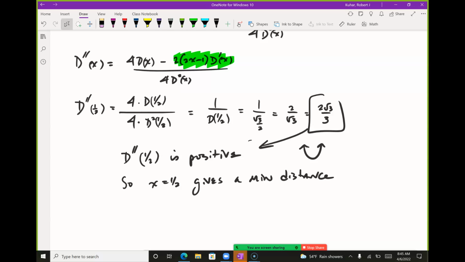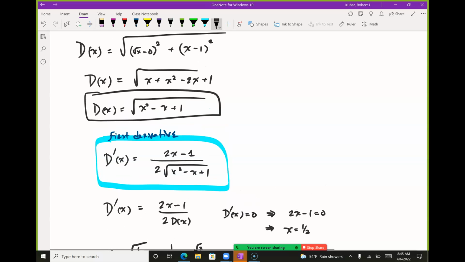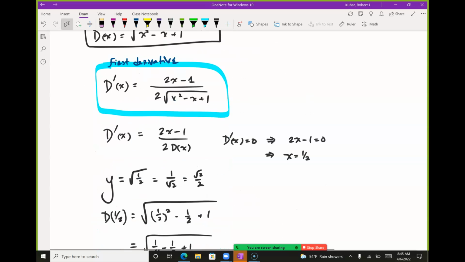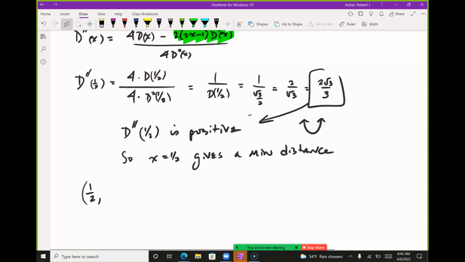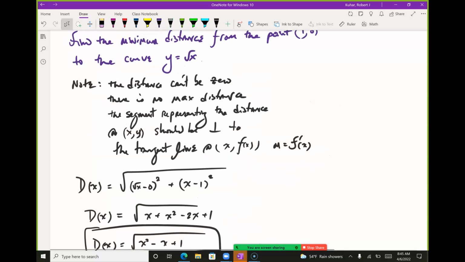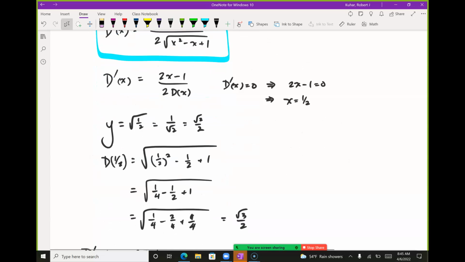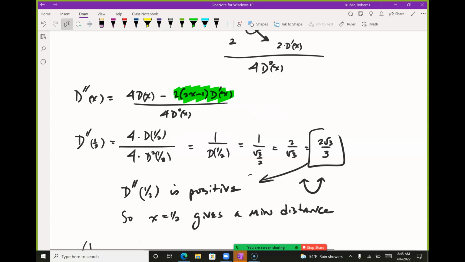Well, my conclusion is kind of obvious. I found the point. What was my point? 1/2, rad 2 over 2, and the distance is rad 3 over 2.